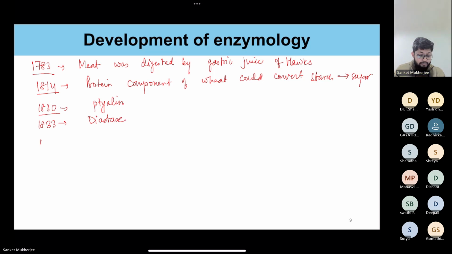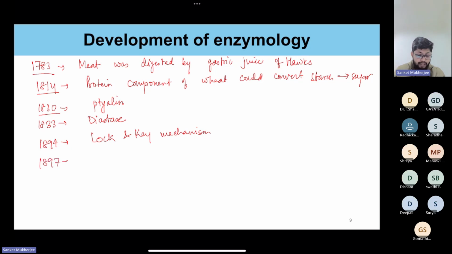Then in 1894, the lock and key mechanism, which is a mechanism of action for enzymes. We will discuss it again in future lectures. In 1897, cell-free fermentation was discovered.